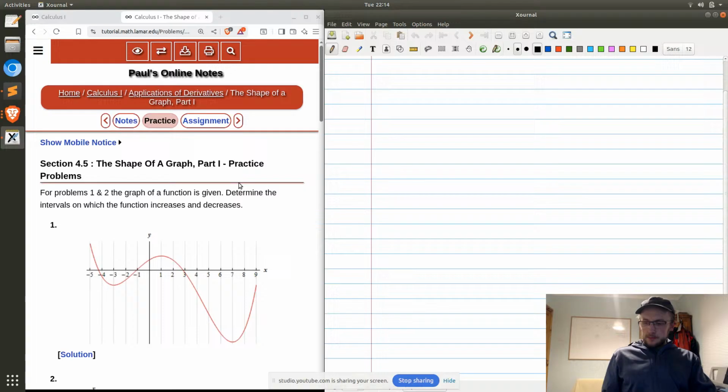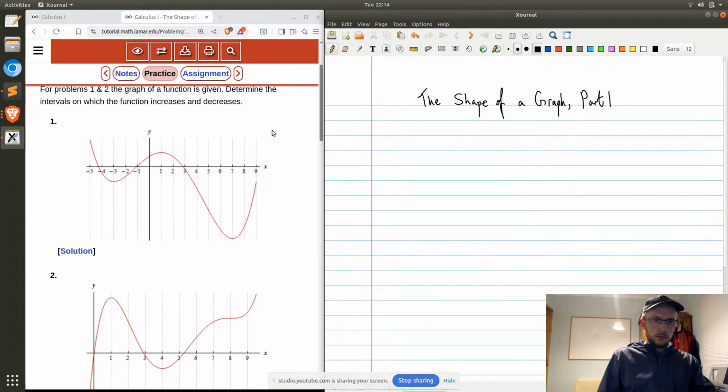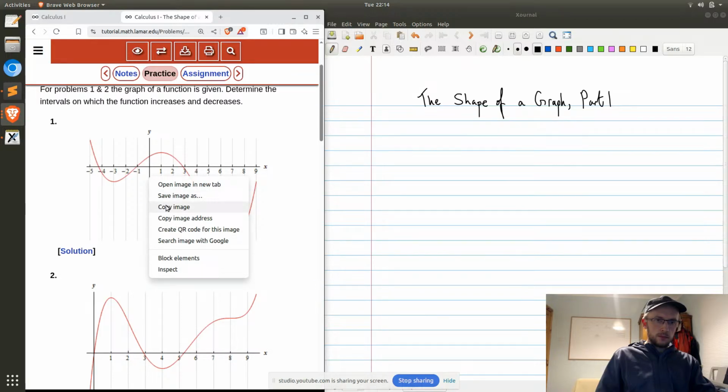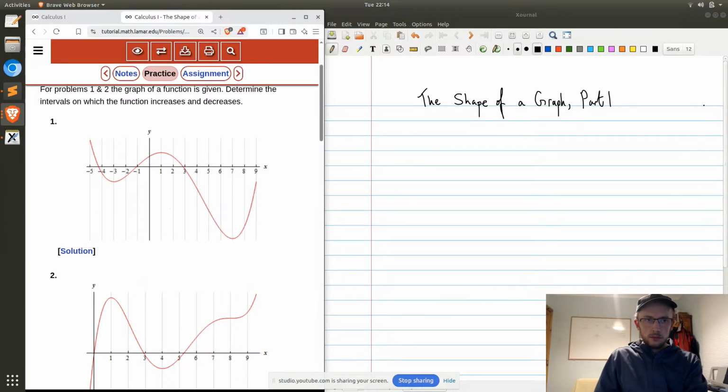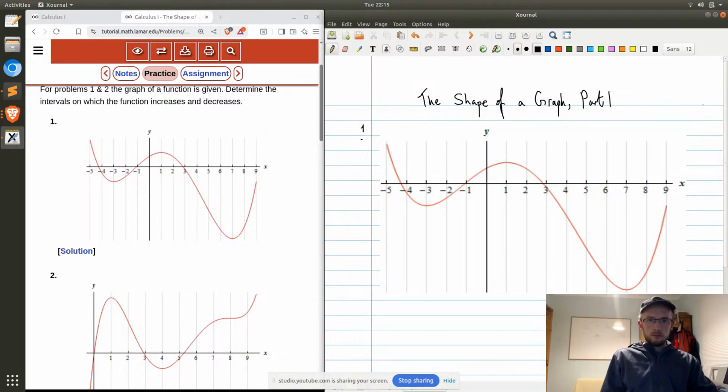Now the shape of a graph. Part 1. The intervals on which the function increases and decreases.